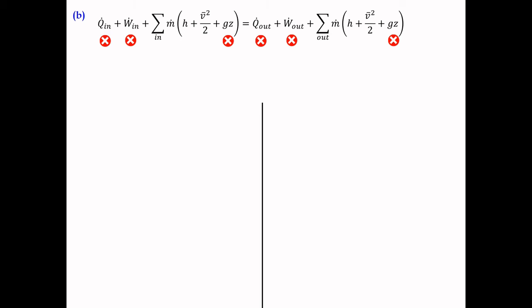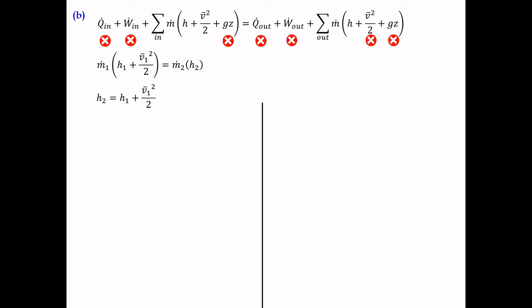And we have additional information in the question where the value of V2 is very small, so the kinetic energy term for the outlet condition will be neglected. However, the kinetic energy term at the inlet we need to consider. So this is the simplified energy balance equation for the diffuser.